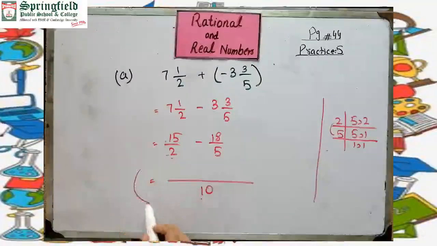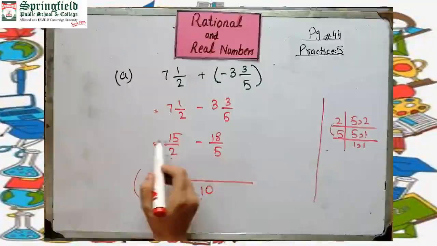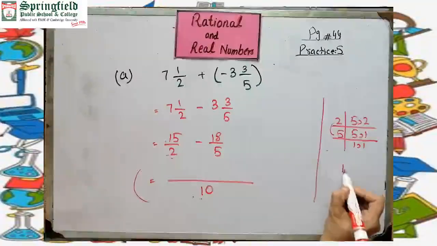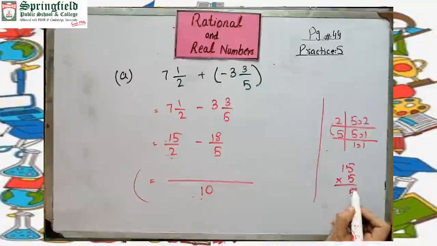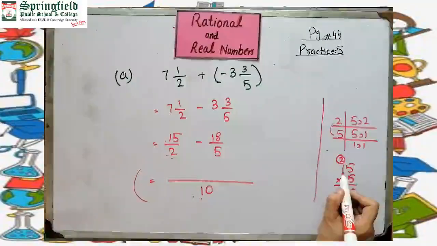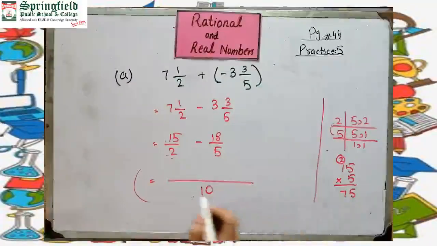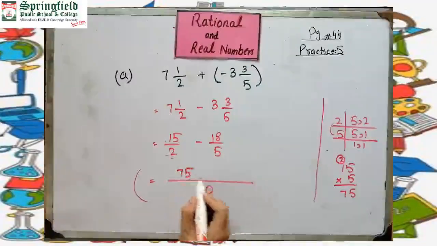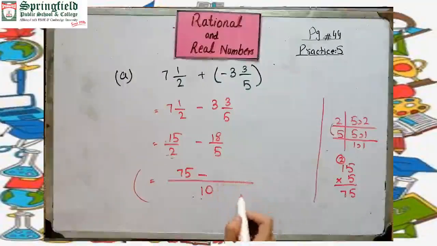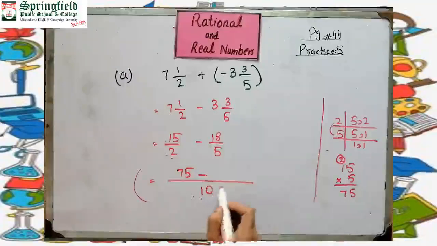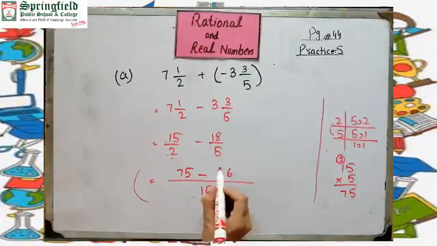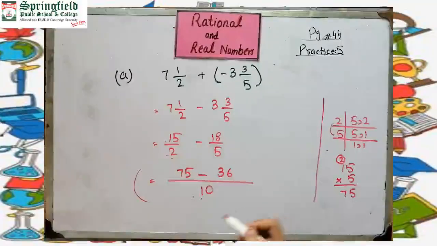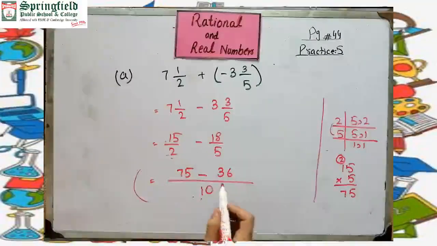So 10 divided by 2 is 5. 5 multiply with 15: 5 5s are 25, 2 will carry, 5 1s are 5 and 2 is 7. 75. So 75 minus 5 divided by 10. 2 multiply with 18: 2 8s are 16, 2 1s are 2, 36. When we multiply 2 with 18, we get 36.